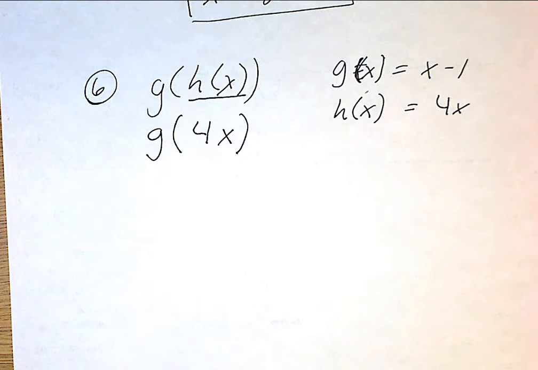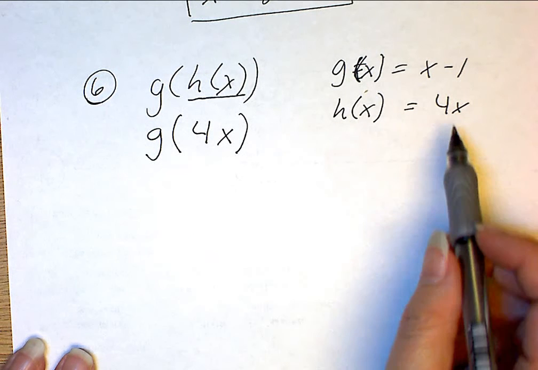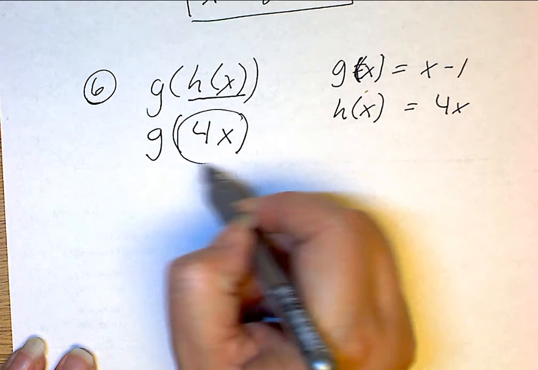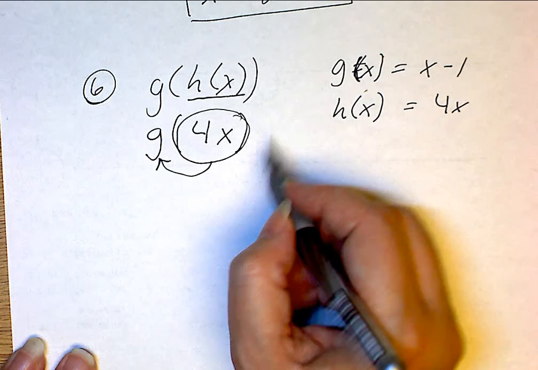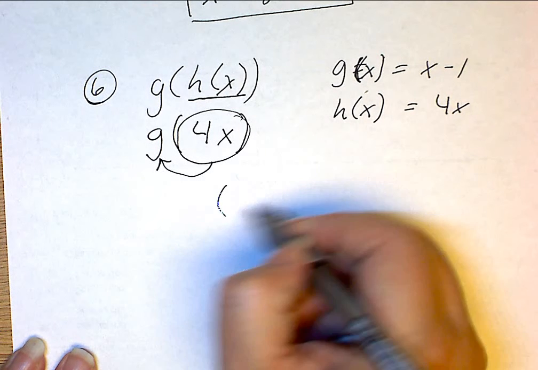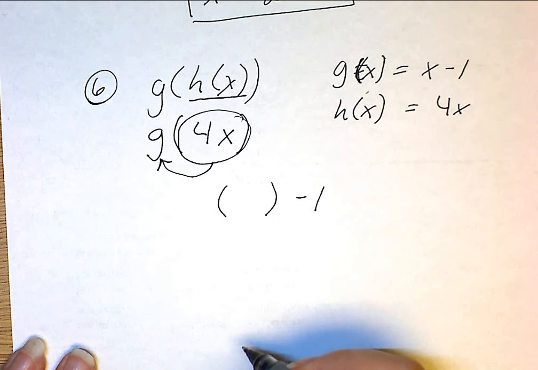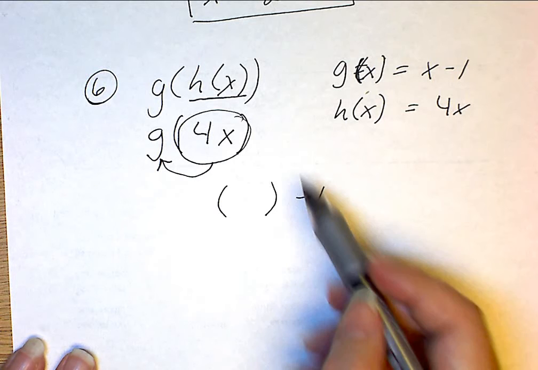My next step is, Logan, what's my next step? Yep, so we're putting this in for the x value of g, and since g is x minus 1, we are literally putting in this 4x there.